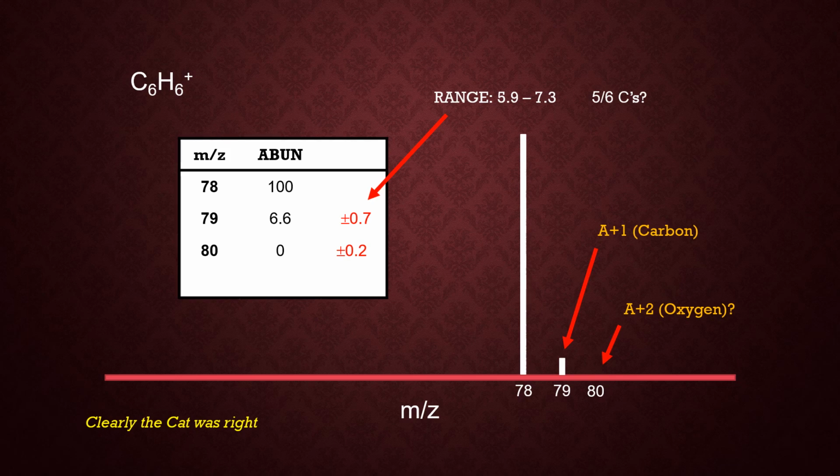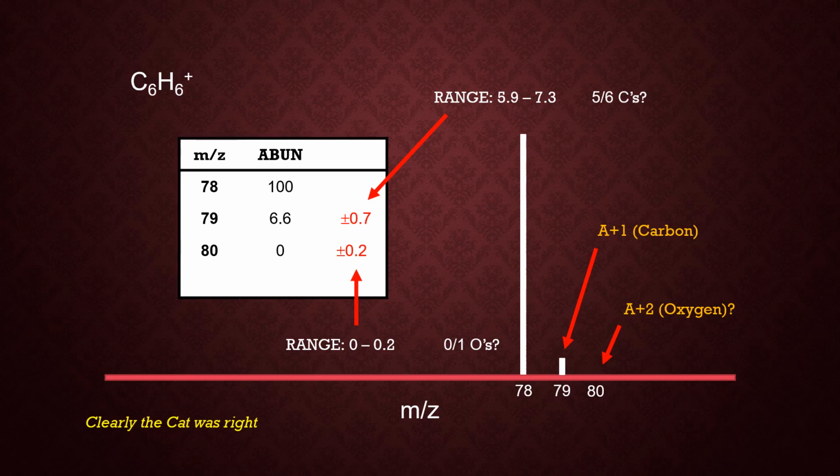And 7.3, if that were to say 7 carbons, that's too big. It's going to give me more than 78 atomic mass units. So I don't want to go to 7, but 5.9 is just outside the range of 5 carbons. So do I have 5 carbons or do I have 6 carbons? Similarly, if I look at the A+2 error, I have a potential range of 0 to 0.2.